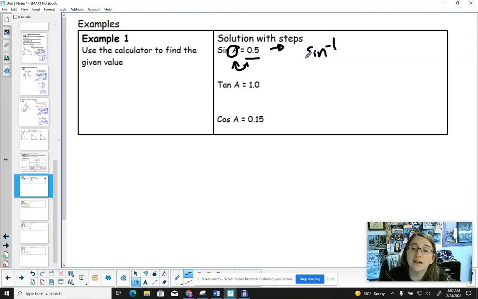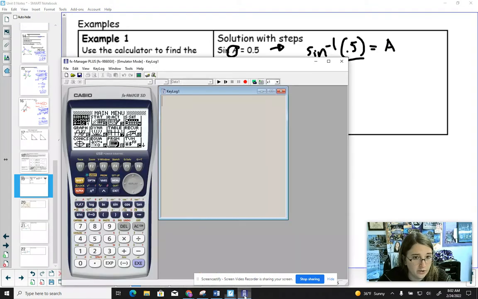This is now called the inverse of sine because I am inverting the angle with the fraction. It's a decimal here, but usually we see it as a fraction. They switch places, and all I have to do from here is plug this into the calculator to get the angle. That's it. Let's go to the calculator.